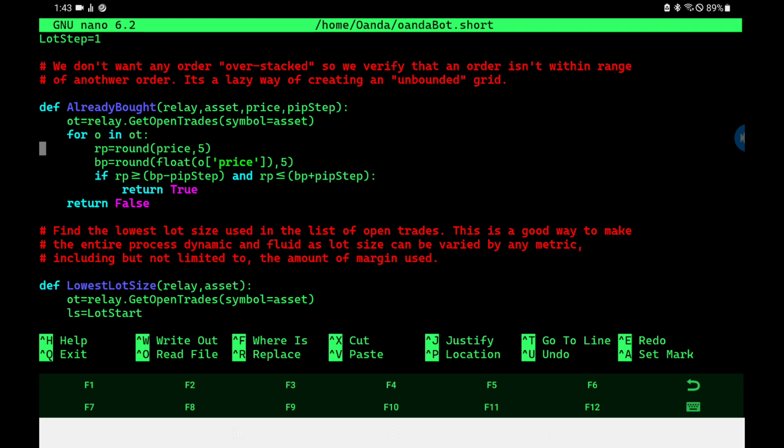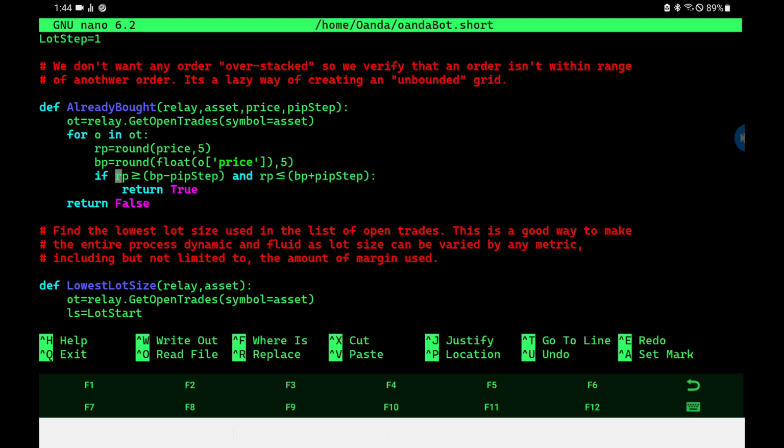So here we go with the already bought. We want to make sure our orders are spread out. So we need to check the existing asset and the existing price with the amount of distance that we need between each one. Now, in order to make sure that we do this, we need to make sure that there must be a space above the position and a space below the price position that another order does not exist.